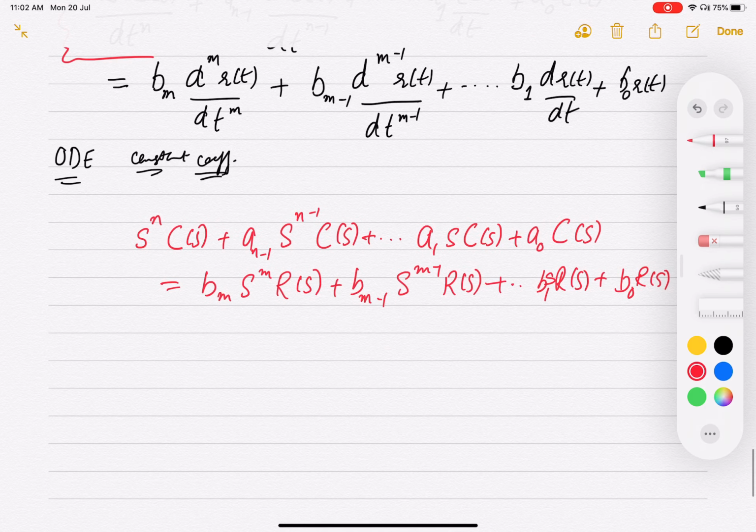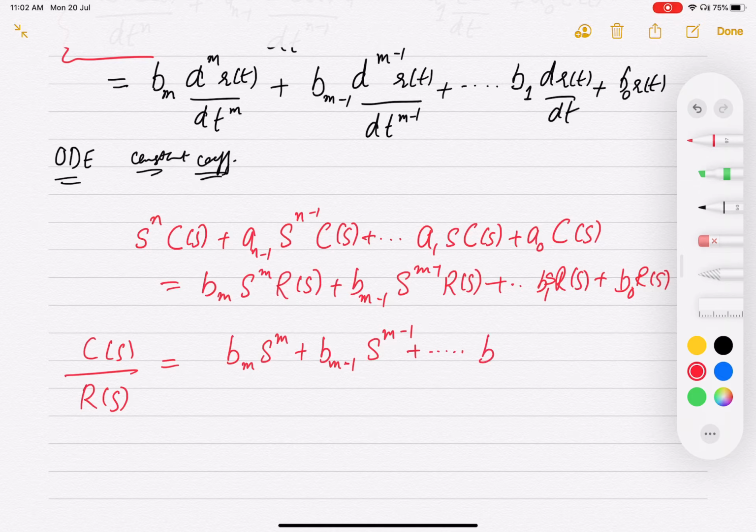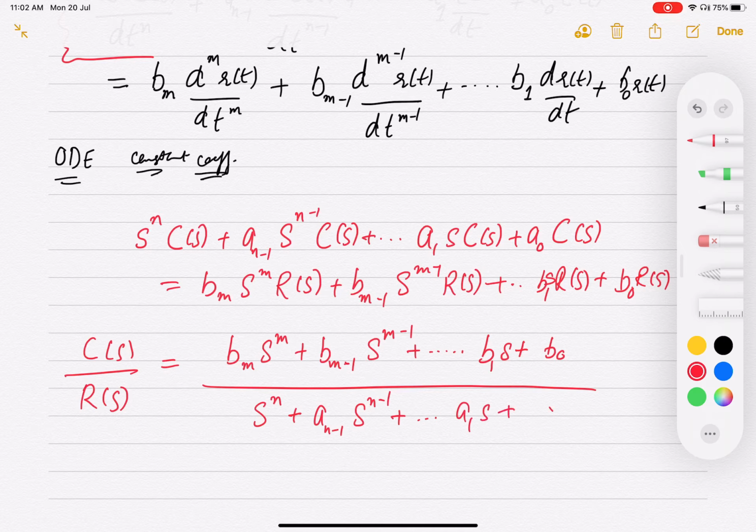So if you want to write down C(s) by R(s), it will be bm s^m plus b(m-1) s^(m-1) plus, go on, b1 s plus b0, divided by s^n plus a(n-1) s^(n-1) plus a1 s plus a0.